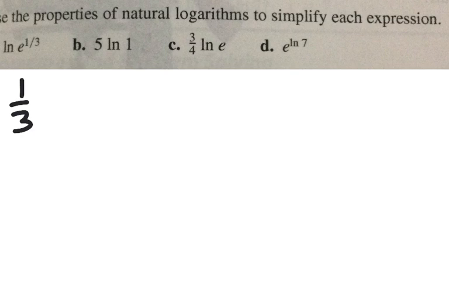And remember, an exponent here, that's the 1/3, can come out front as multiplication. So I have 1/3 times the natural log of e, and then the natural log of e cancels out, which gives me 1/3. Any other questions on A?